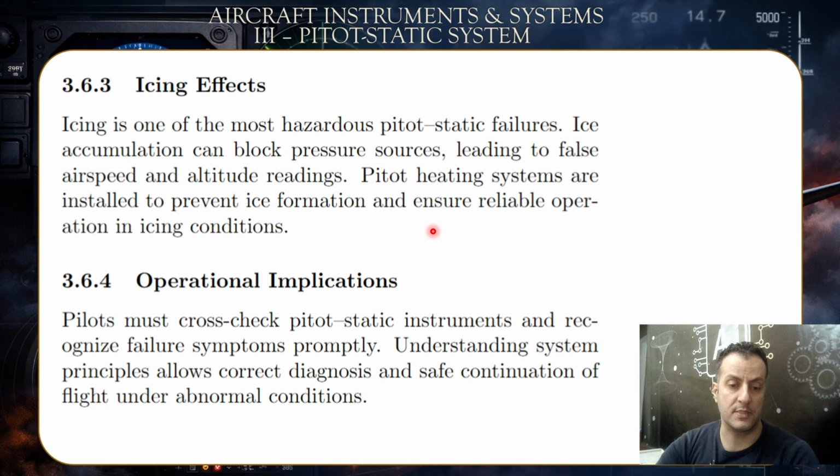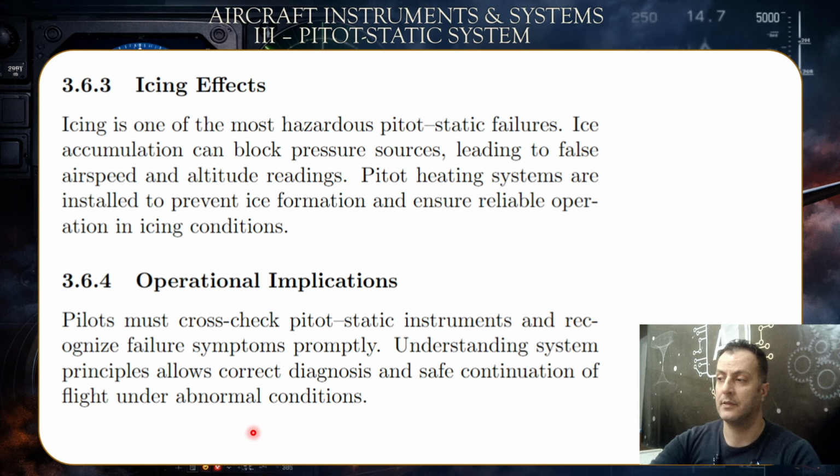Operational implications. Pilots must cross-check pitot-static instruments and recognize failure symptoms if the readings don't make any sense. They need to check these values promptly, and understanding system principles allows correct diagnosis, troubleshooting, and safe continuation of the flight even under abnormal conditions.